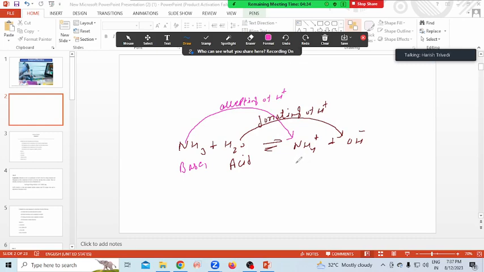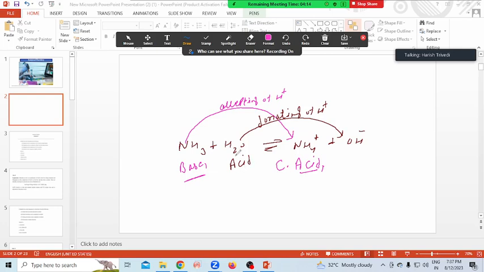sorry, acid, because now it can give H plus ion, so it will be considered acid. It is acid 1, because it is made from base 1. We can also say it is a conjugate acid of ammonia.